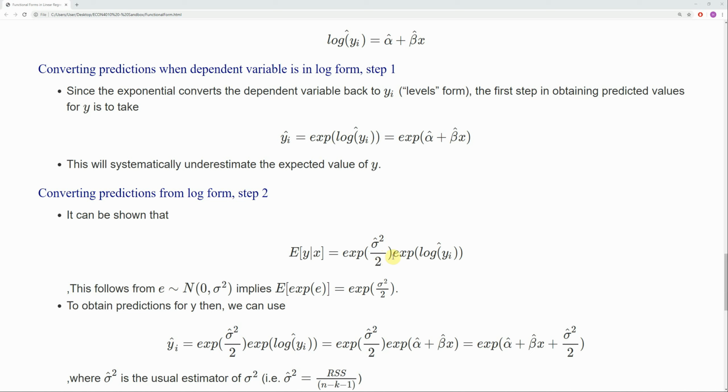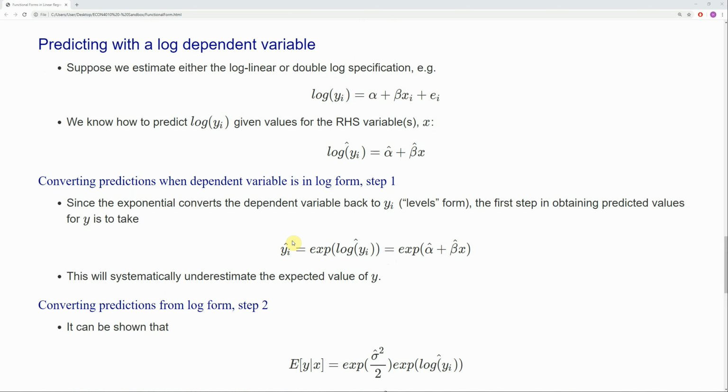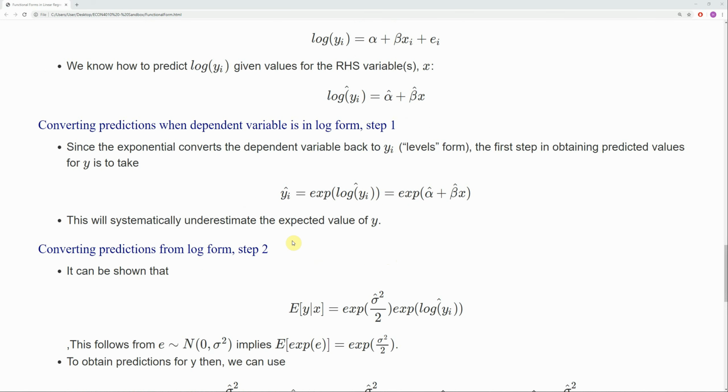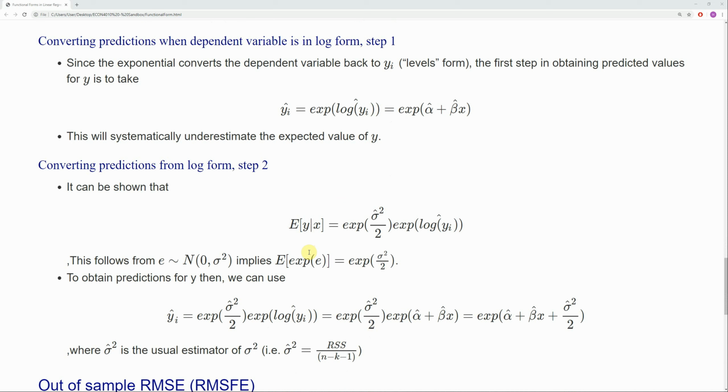You don't have to learn how to prove this, but it is important to know, because if you want to compare a linear model with a log linear model, then you need to make sure that you make the right transformation, and that is what we want to do in this example.